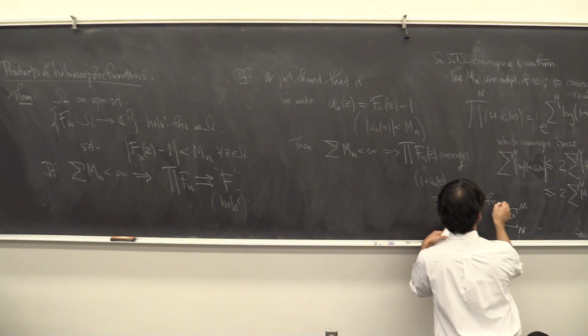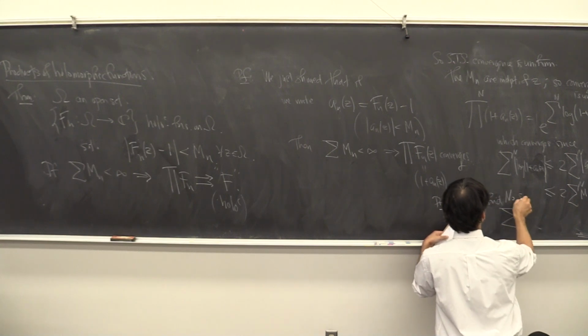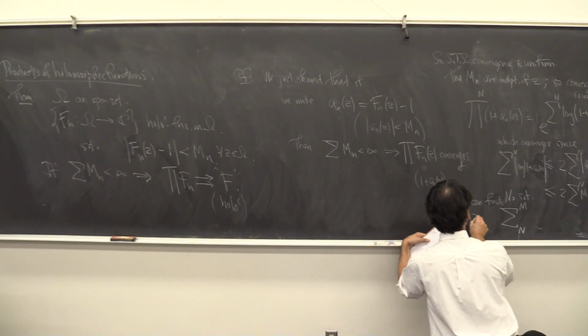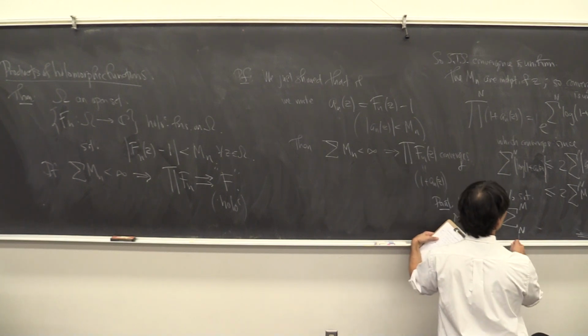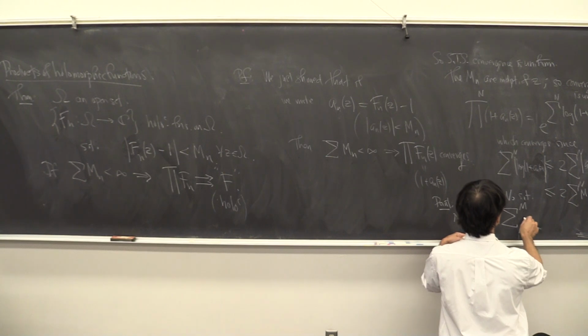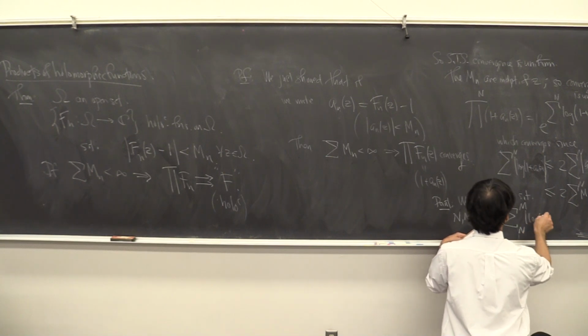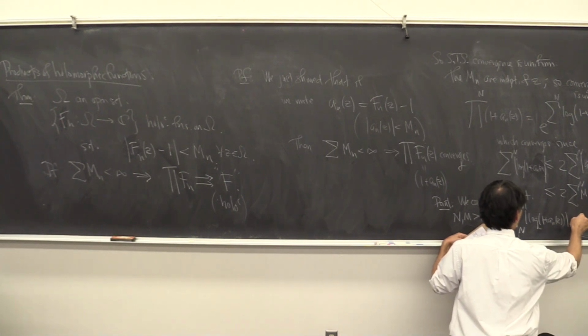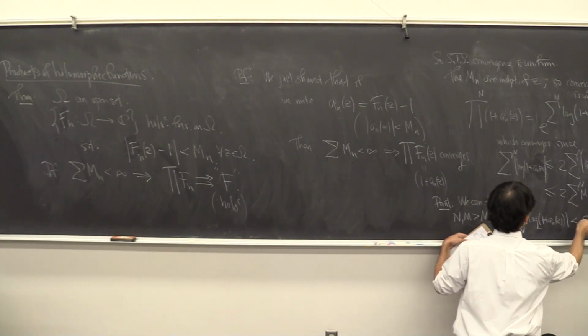We can find an n naught such that if n and m are greater than n naught, then this thing is smaller than whatever epsilon we choose.